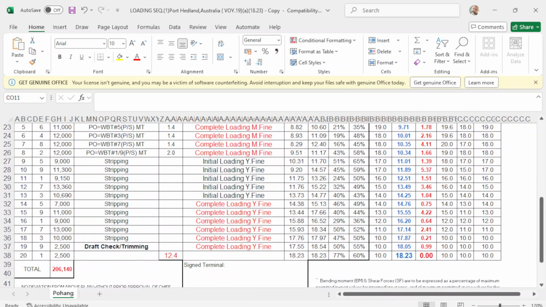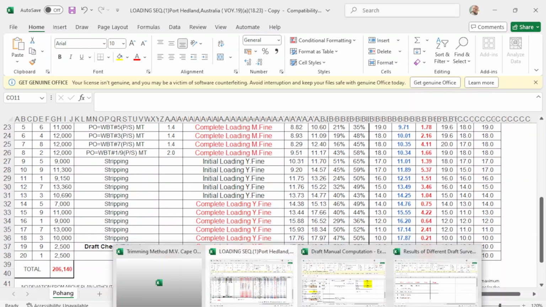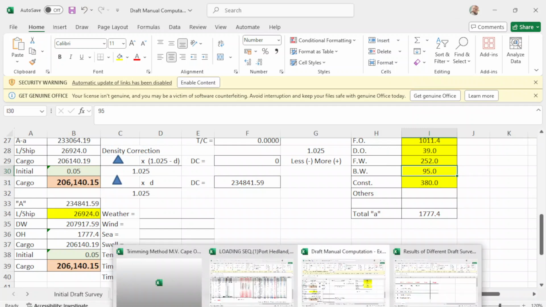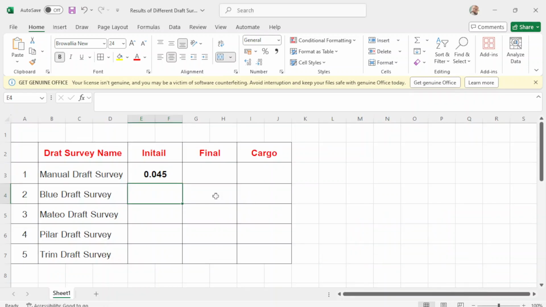So only a decimal difference. So your cargo is 206,140.15. I'll put it in the table.